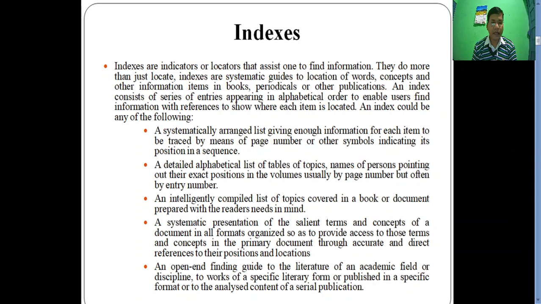A systematic presentation of the salient terms and concepts of a document in all formats, organized so as to provide access to those terms and concepts in the primary document through accurate and direct references to their positions and location.